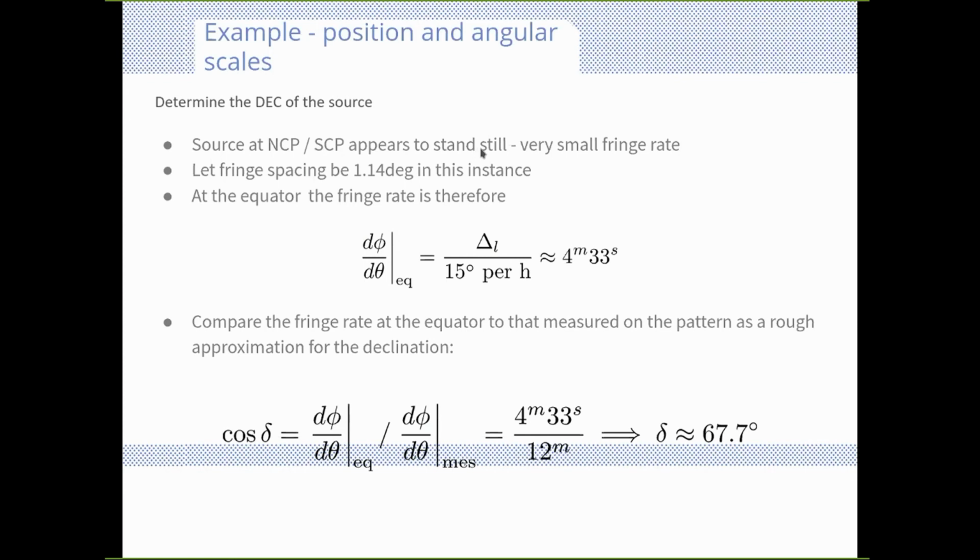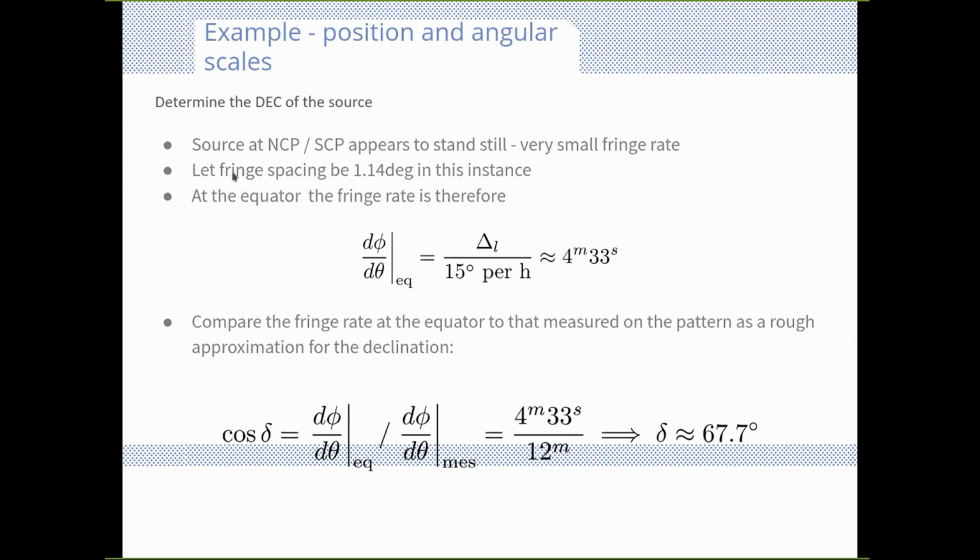If you think of an optical picture, Polaris drifts over time; in the northern hemisphere the stars rotate around the Polaris star, so Polaris stays roughly still. Polaris is roughly at the north celestial pole, so at that point we have a very, very small fringe rate. There are essentially no fringes; it's just a constant function that we measure.